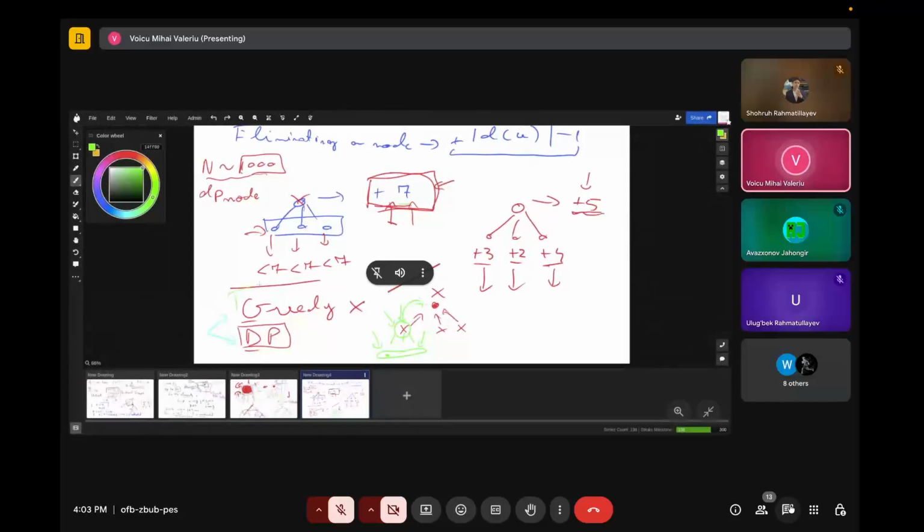I've said that technically a greedy approach, where we try to eliminate the best solution every time, might not work. If we eliminate the best cost now, we get the best solution for k equals 2 because we eliminated the root and the node. But then for k equals 3, it might have been the case that it made sense to eliminate some other sibling and then some other child of that sibling.